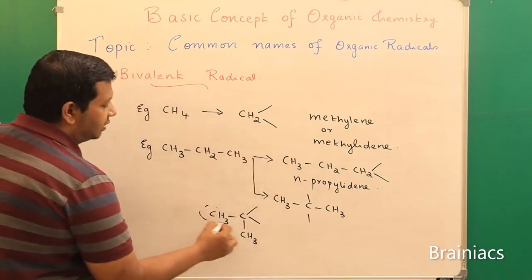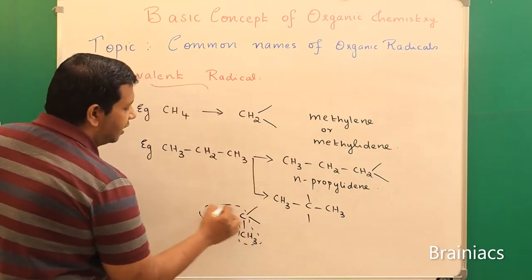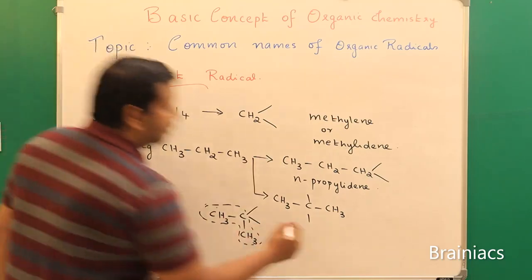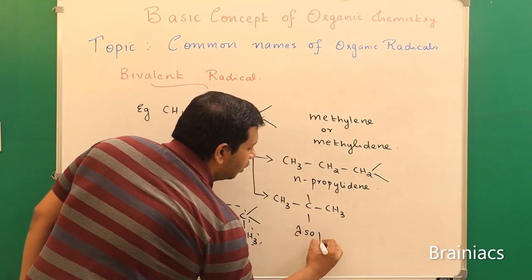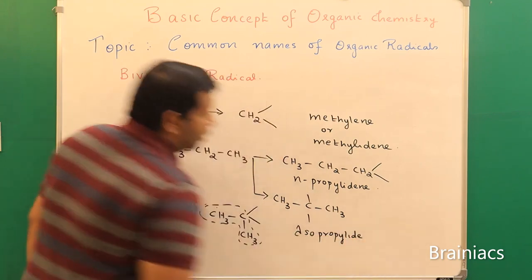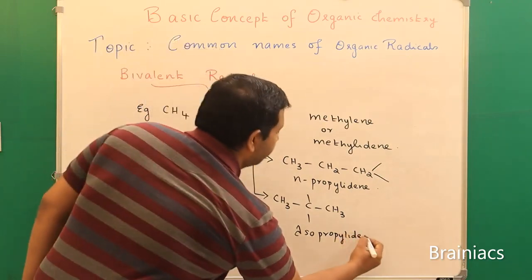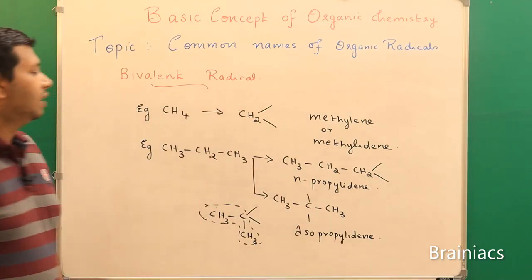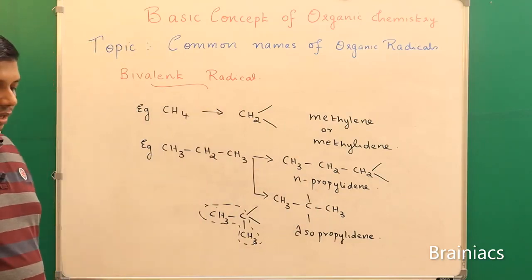Now you know that there is this CH3 linkage. So what should be the name of this compound? The name of this compound is isopropylidene. Isopropylidene, correct? Because from the same carbon atom, two hydrogen atoms are replaced, correct?